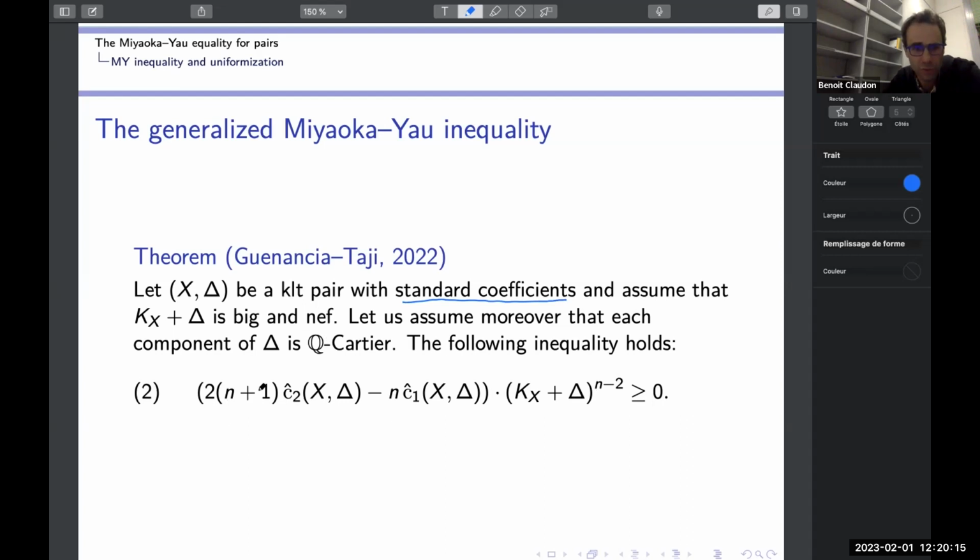So 2n plus 1 C2 hat minus n C1 hat square of X delta. And when you pair this quantity with Kx plus delta to the n minus 2, then you get a non-negative number.